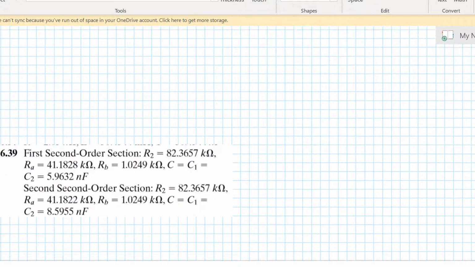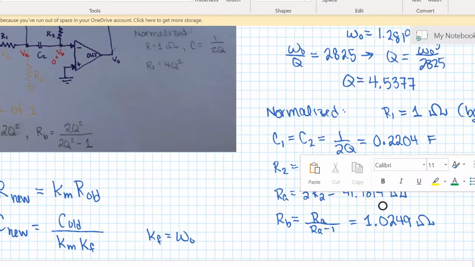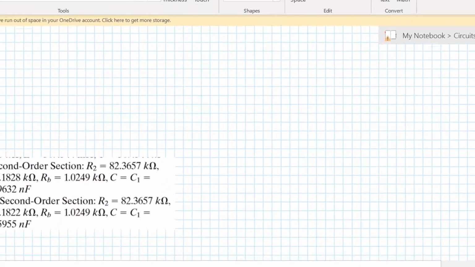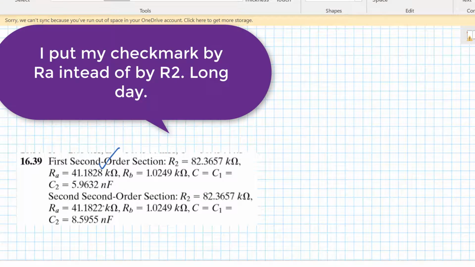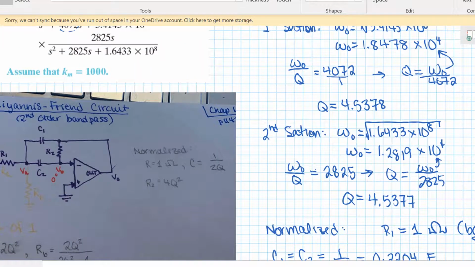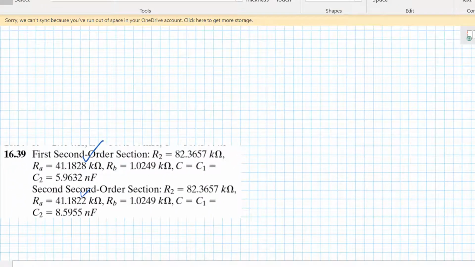I have the answers down here. They didn't give normalized, but we can check the resistors right now. 82.3657. Yeah, it is just a little bit of a rounding error. So my R2, and that's kilo ohms because I'm multiplying by 1,000. And notice this is basically the same. One was 0.77 and one was 0.78. I was lazy and I just called it the same. And then 1.0249.